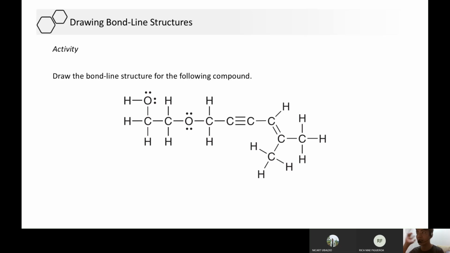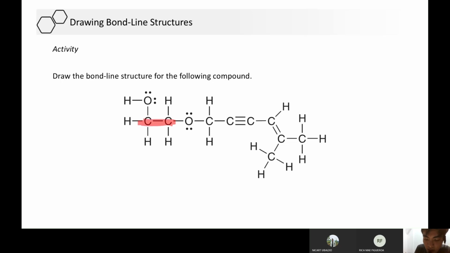Okay, so let's try this molecule. If I am going to draw its bond line structure, how will I do it? Remember again, the carbons, I represent them as lines. So I will draw this, I'll highlight it.